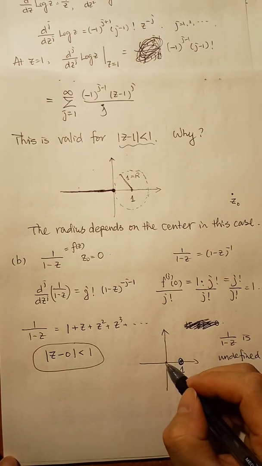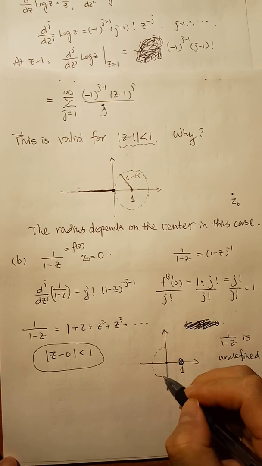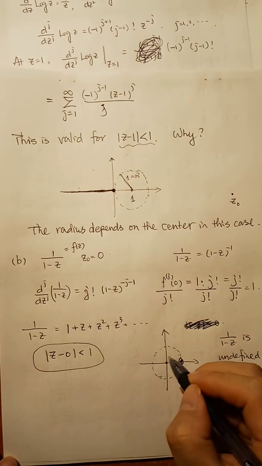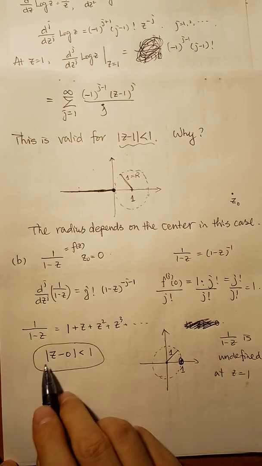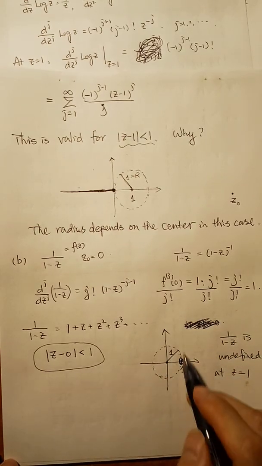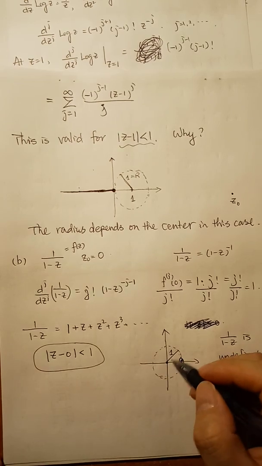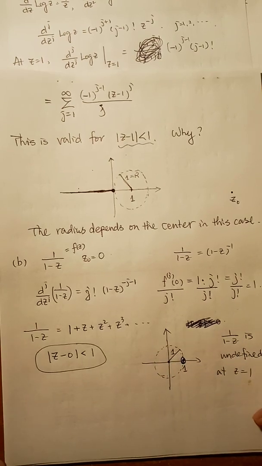And your center z0 here is 0. So the maximum disk centered at z0 you can draw has radius 1. So |z minus z0| can only be at most 1 in order to make the function completely analytic inside the disk.